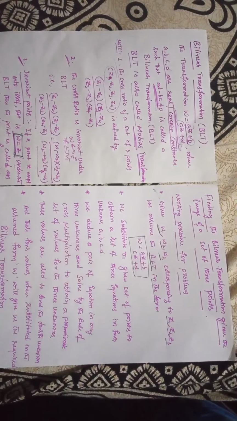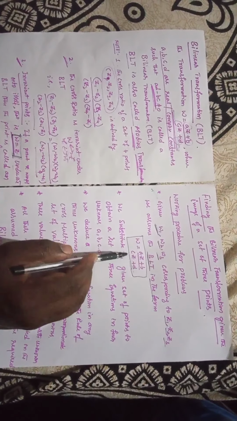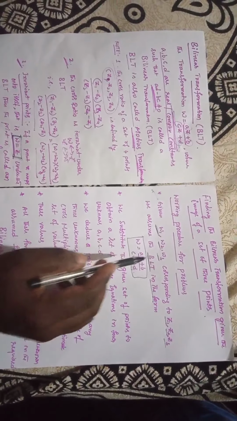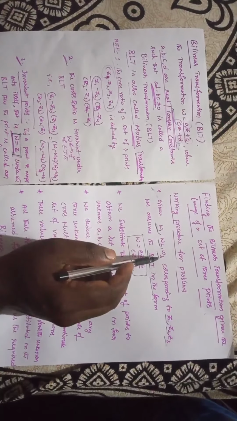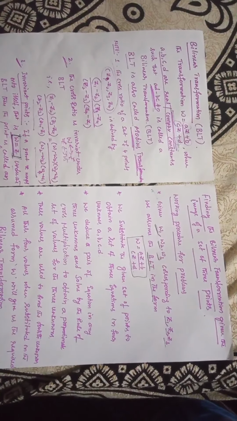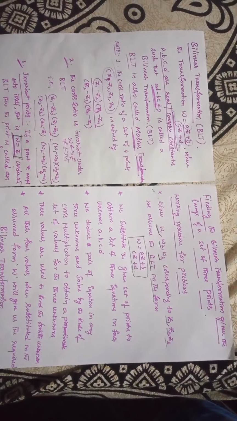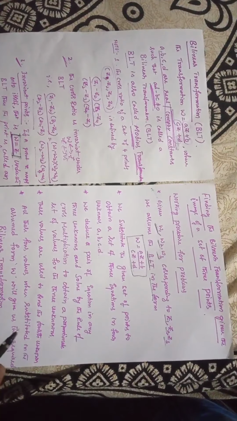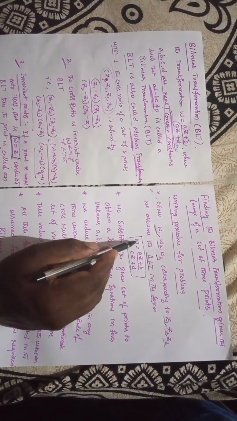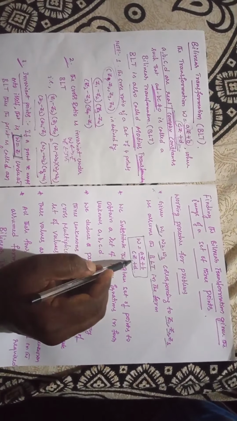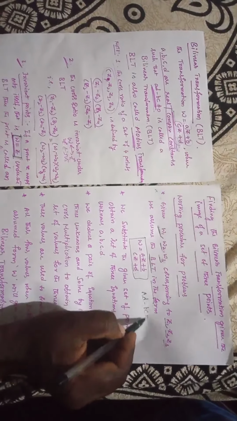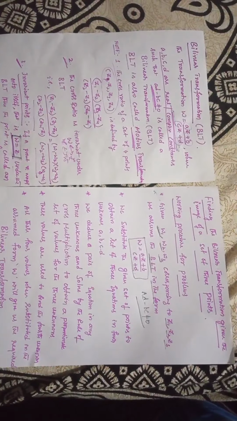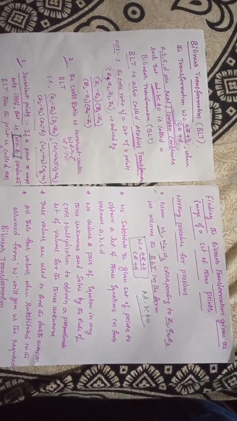We have to assume this: W equal to (az plus b) by (cz plus d). First we write the points given in the problem: W1, W2, W3 corresponding to Z1, Z2, Z3. We assume the standard bilinear transformation form W equal to (az plus b) by (cz plus d), where also ad minus bc not equal to 0. This is our standard bilinear transformation.